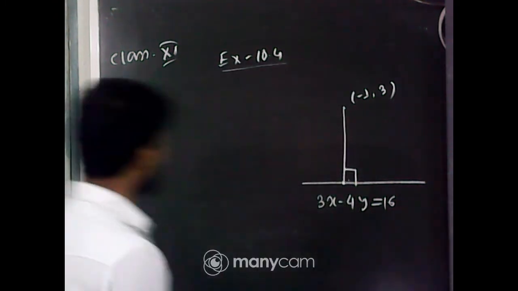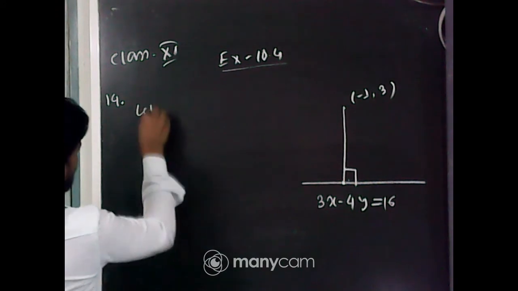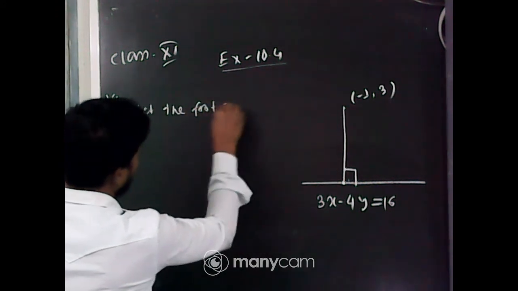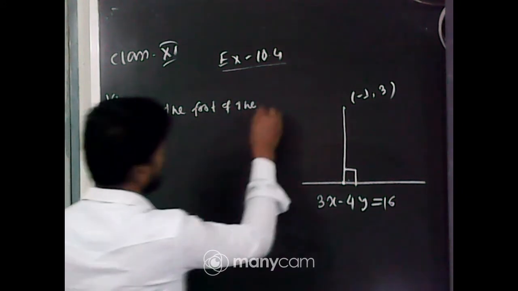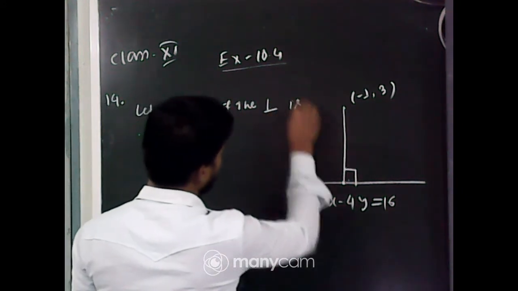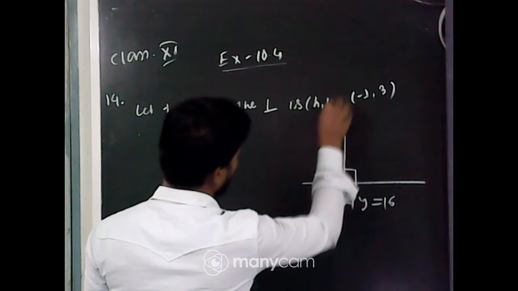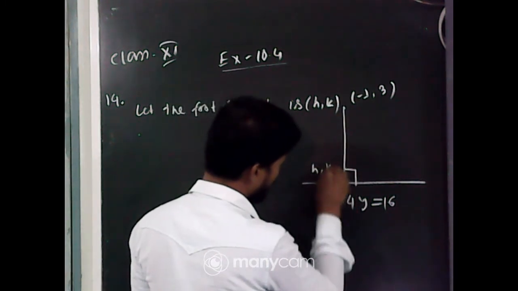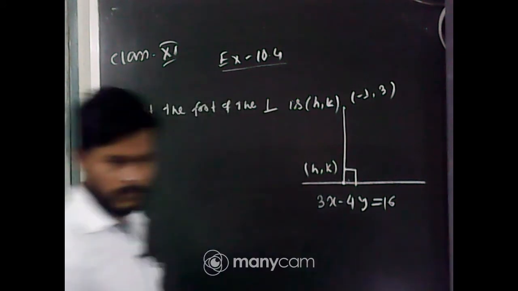Okay, so let the foot of the perpendicular be (h, k). We are considering the coordinate of this point as (h, k).